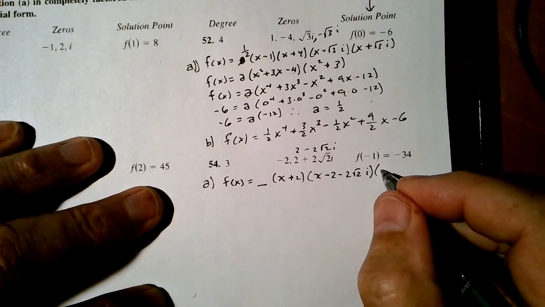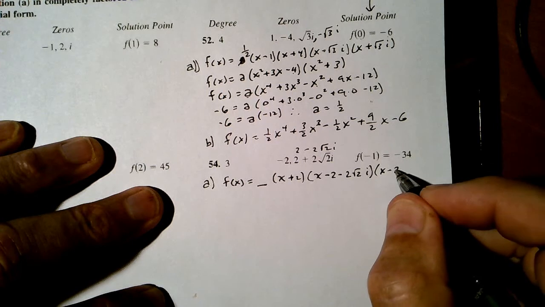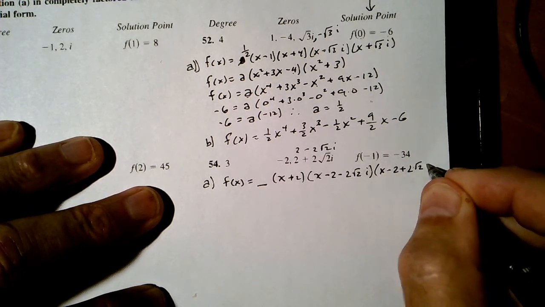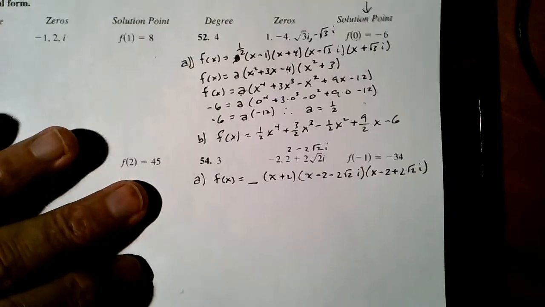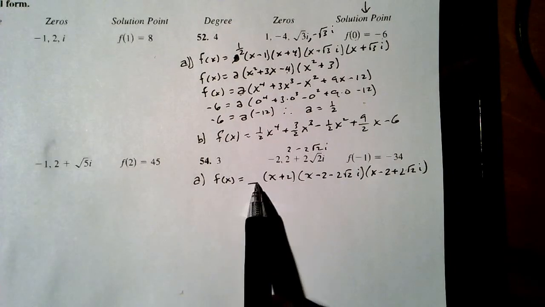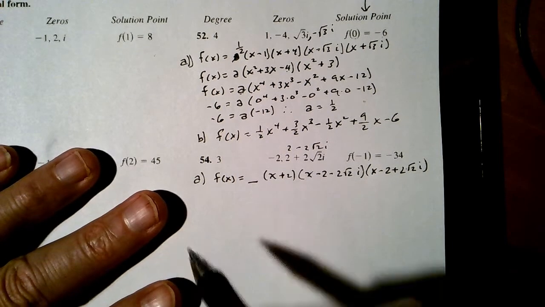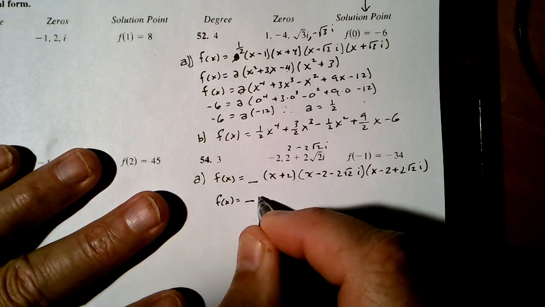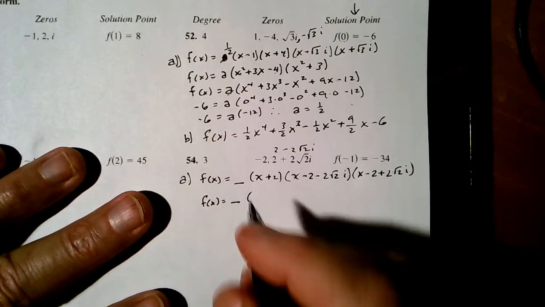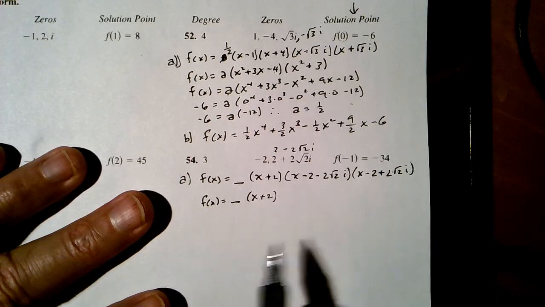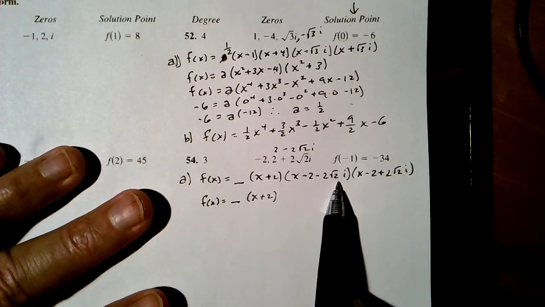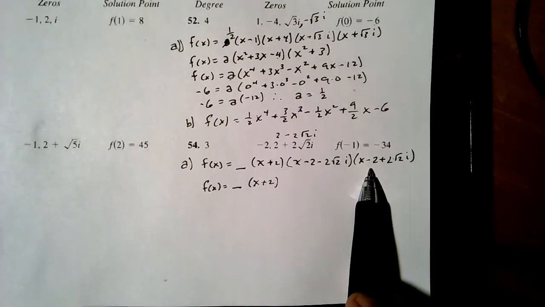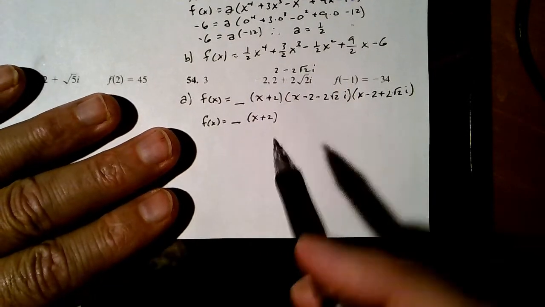So that's x minus 2 plus, distribute the minus, plus 2 square root of 2i. And we've got some FOILing to do, and eventually I'm going to put an answer there, whatever a ends up being. So f of x equals something times, I've just got a plain old x plus 2. I would not want to FOIL this in here. It's just going to create a big mess. I want to work with these first because I've got a conjugate that's going to go to work for me. So let's let that conjugate go to work.